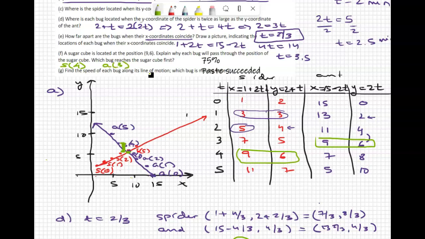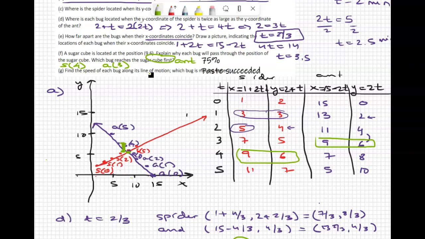The explanation is that they're passing because they're both coordinate points in the table. It fits with the equations, and you can tell that the ant reaches it first because it happens at t is 3, and this happens for the spider at time 4.